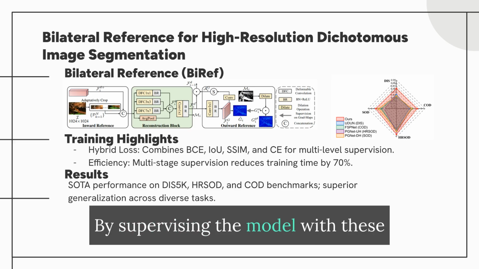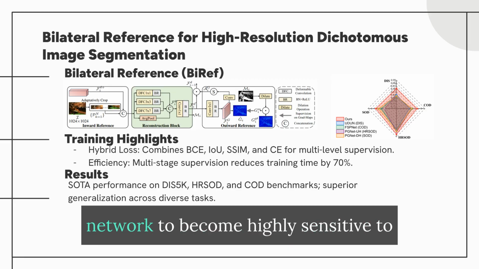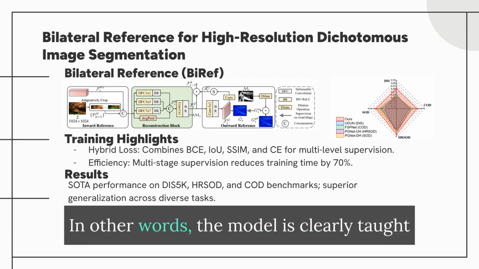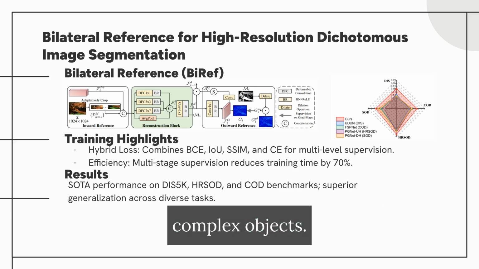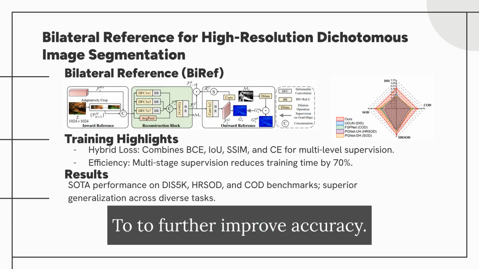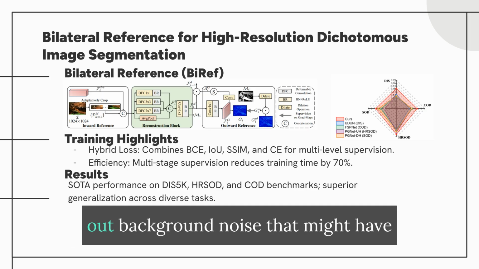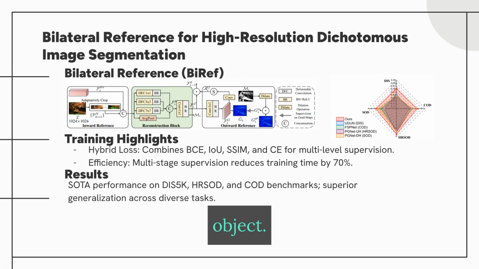By supervising the model with these gradient maps, the researchers force the network to become highly sensitive to edges and fine-grained structures. In other words, the model is clearly taught to look for the boundaries of these complex objects. To further improve accuracy, they also use a masking strategy to filter out background noise that might have high gradients but isn't part of the target object.